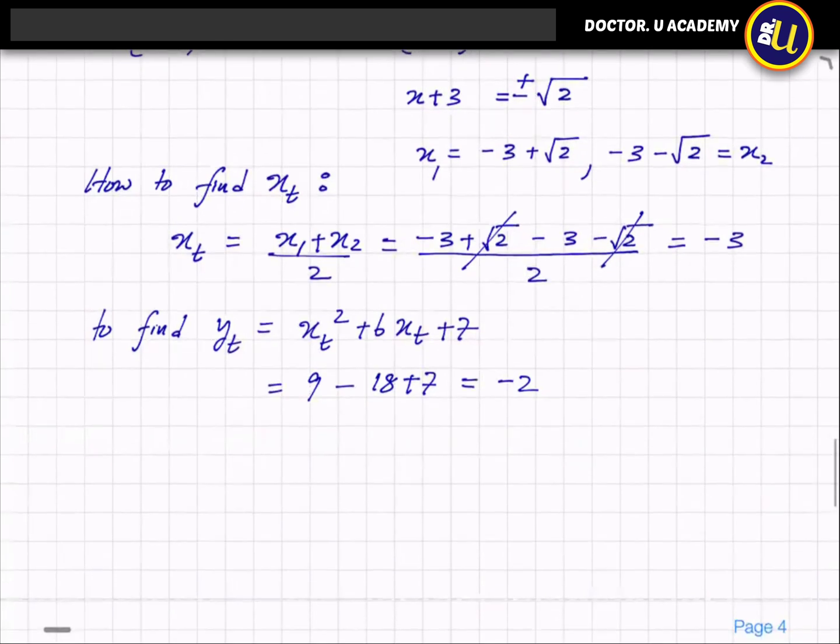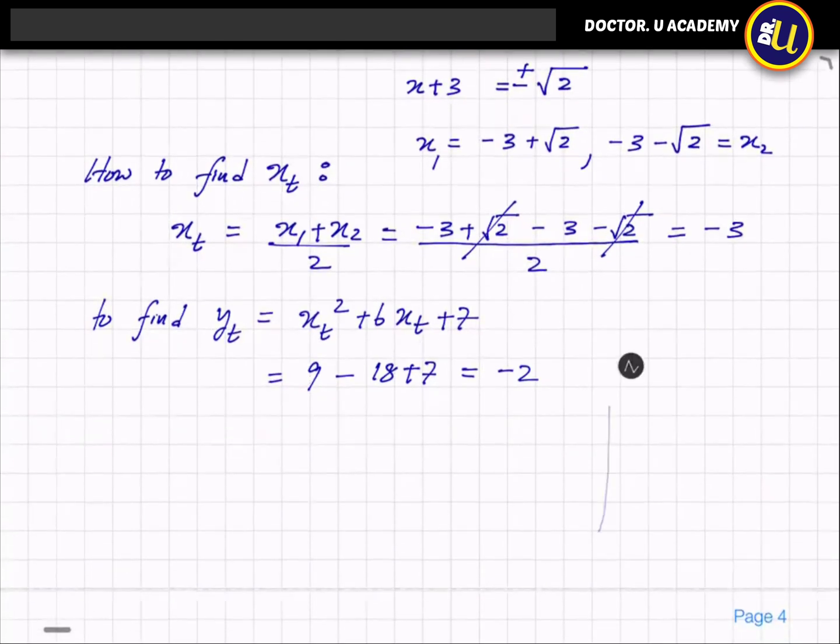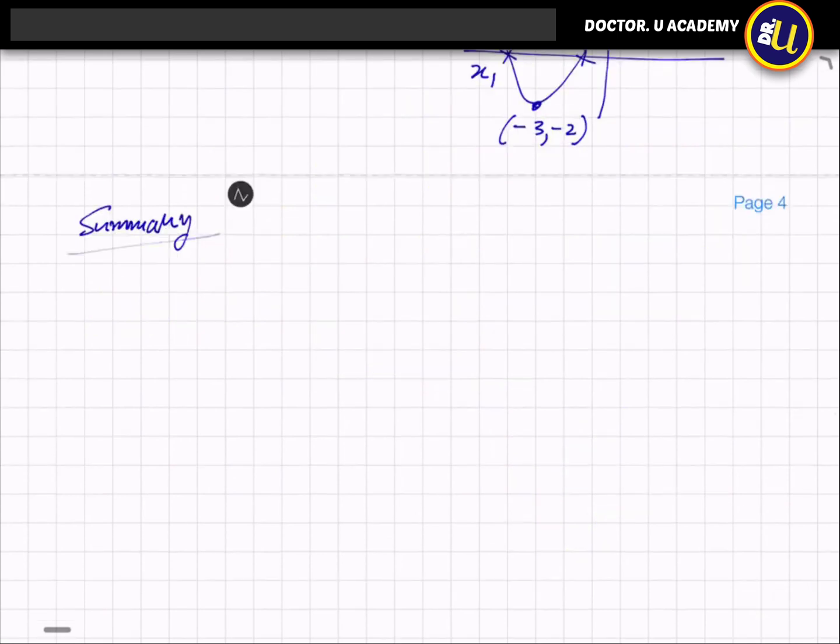So now we know the turning point is (-3, -2). The turning point is somewhere here. So these points we already found, that is the x1 point and the x2 point. Okay, as a summary, to graph a quadratic, you need to know first the shape of the graph.